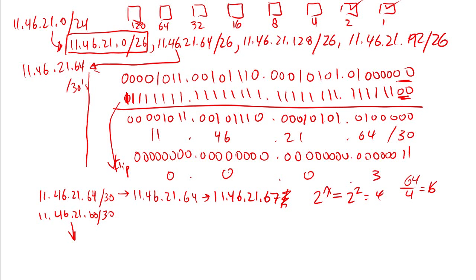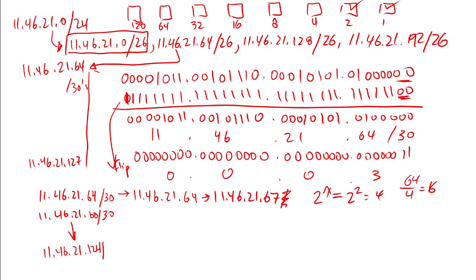And if we wanted to know what the last one was, we know that our last number in this whole thing was 11.46.21.127. And if you go back 3, the last one will be 11.46.21.124.